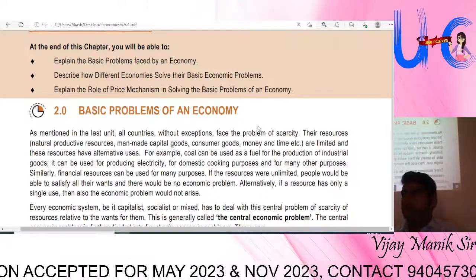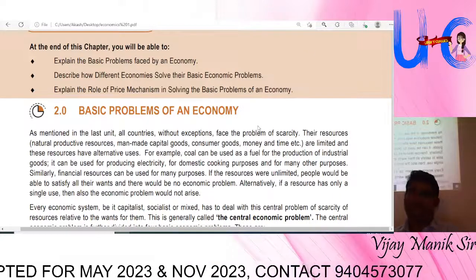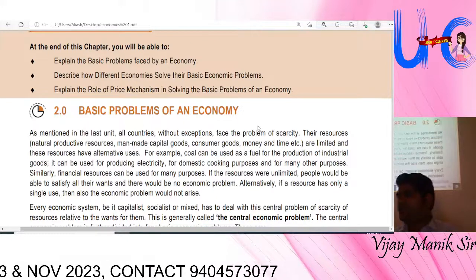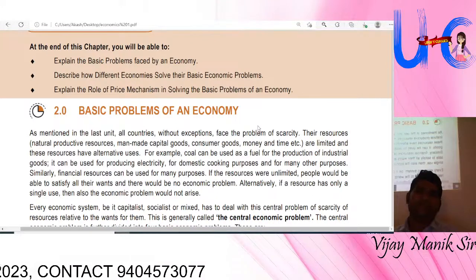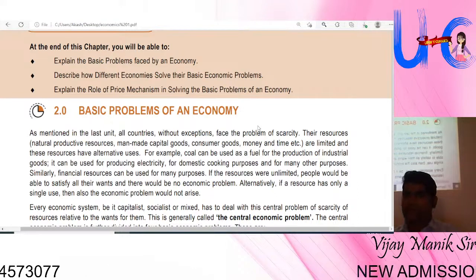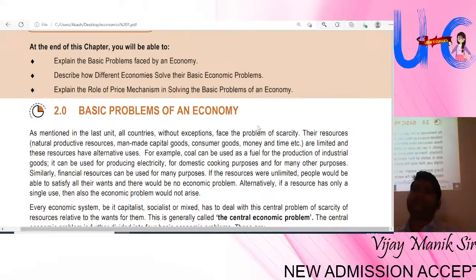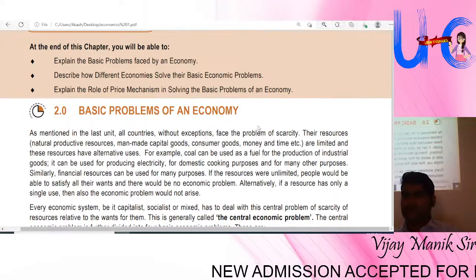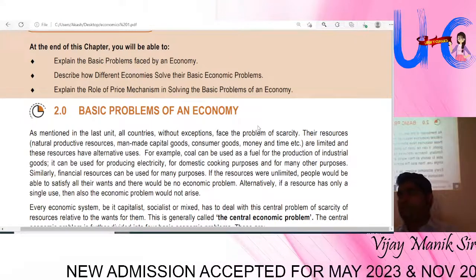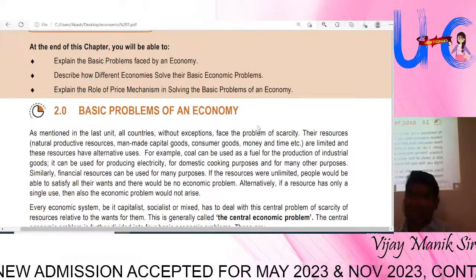All these questions are discussed here in this chapter, or we can say in this unit. And very importantly, three things are there: capitalist economy, socialist economy, and mixed economy. Basic three economies we are going to discuss here.